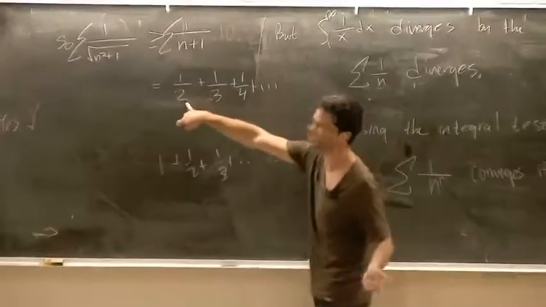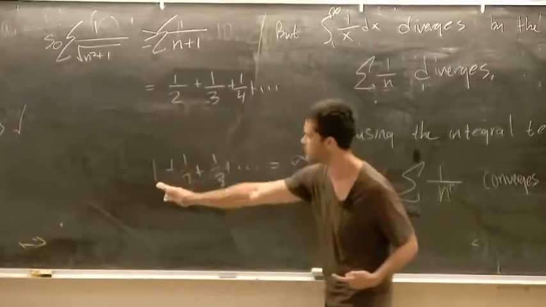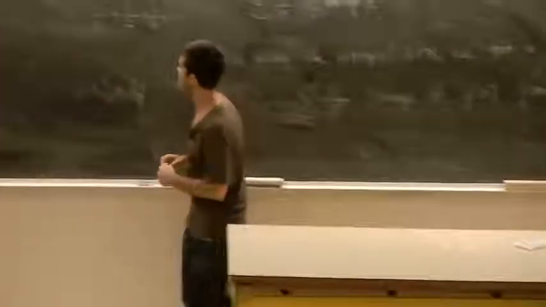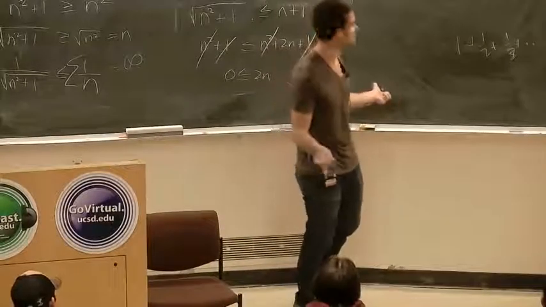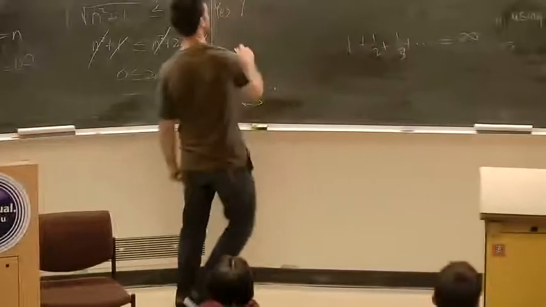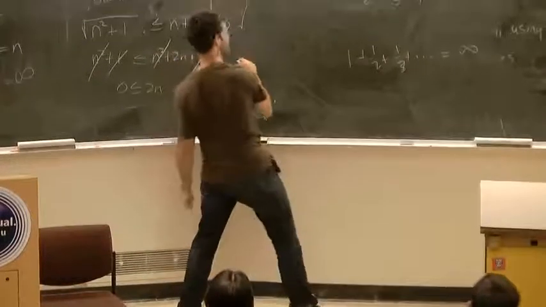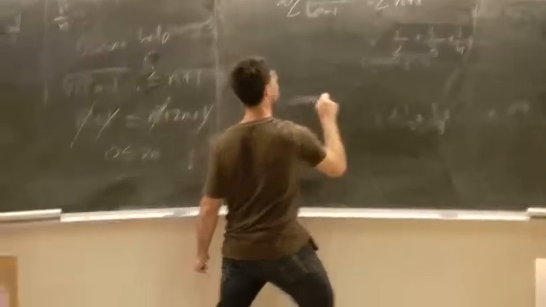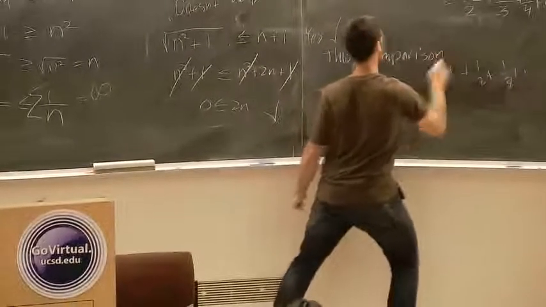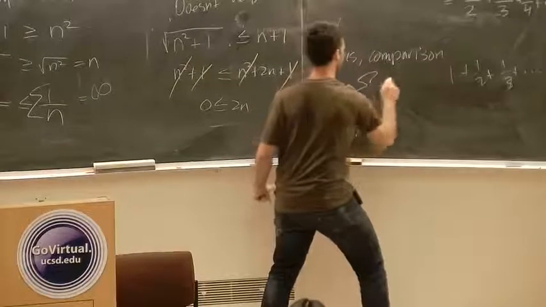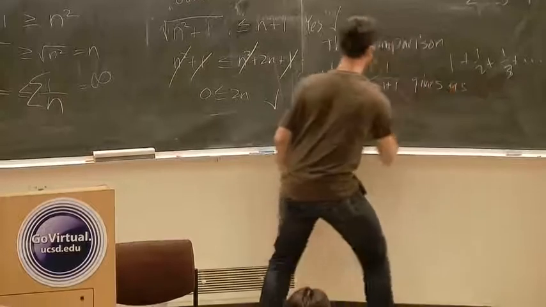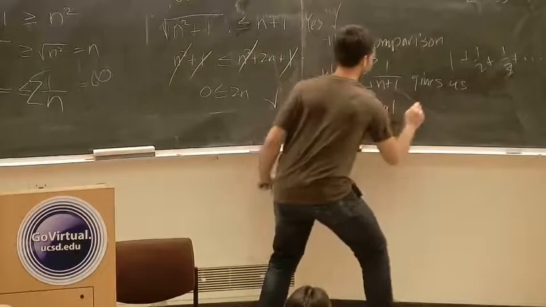Well, this just started one term later. So what if we drop the 1? You're still blowing up to infinity. So this series still clearly diverges. Therefore, the comparison test tells us that this diverges too. So comparison with the sum of 1 over n plus 1 gives us that our series diverges.